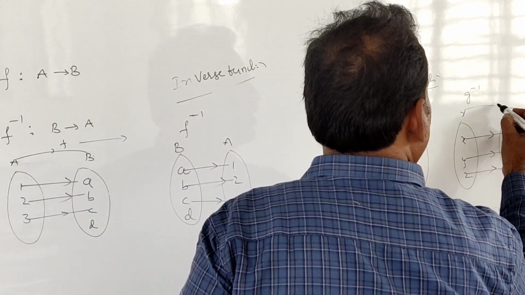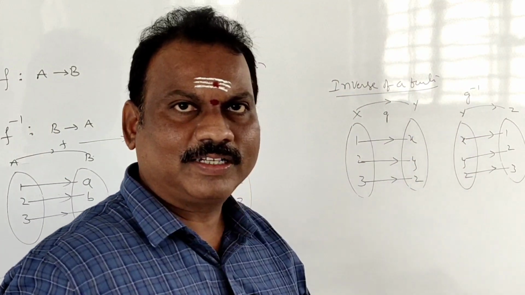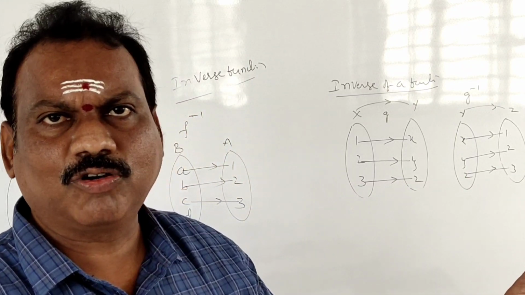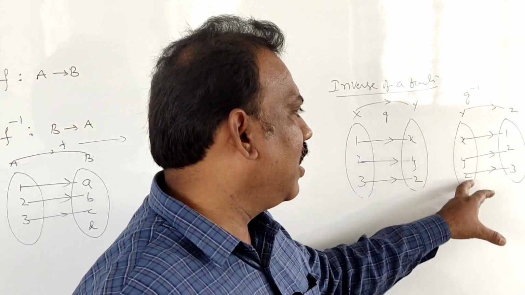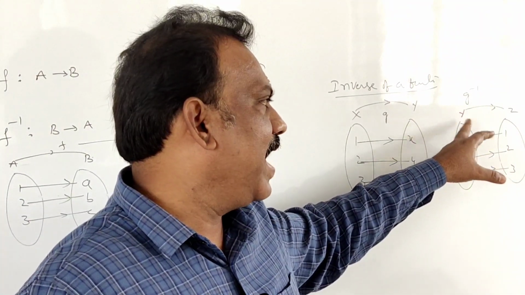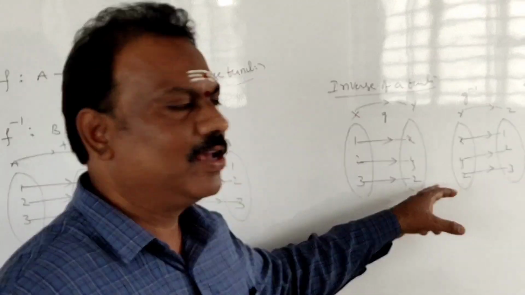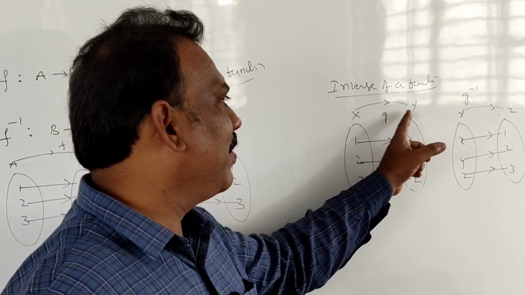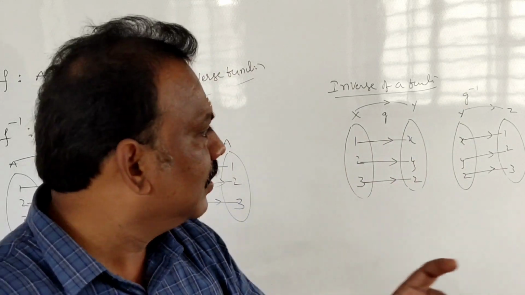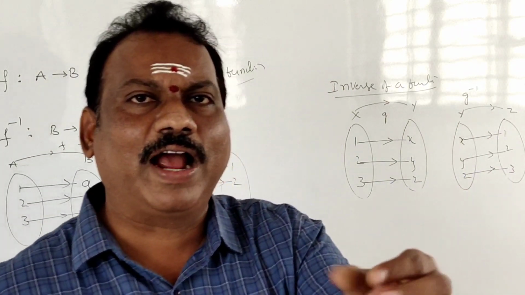Now it is also a function. Function means different elements, different outputs, all the elements have unique images. Each element of Y has a unique image in X. Each element of X has a unique image in Y. So g mapping from X to Y is a function, and g inverse mapping from Y to X is also a function.